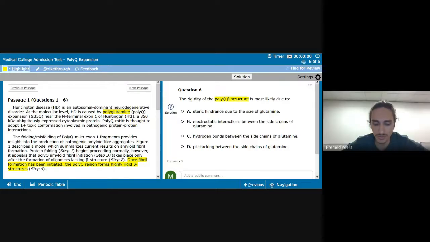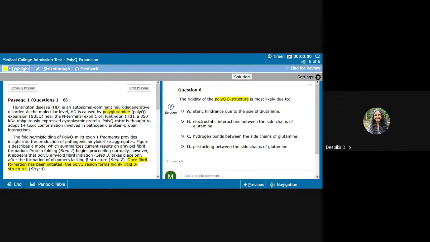Of course. Pi stacking takes place when you have a lot of aromatic rings, and it takes place between mostly nonpolar functional groups. Since glutamine is polar, it's less likely to do pi stacking. Okay. One thing I'd like to mention is steric hindrance due to size does cause rigidity.